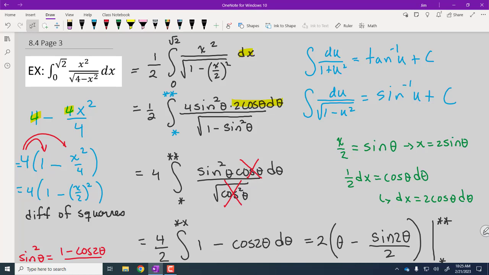Yeah. So we can do any substitution we want if the derivative of the substitution matches something in the integral. So we could even, if we wanted, let u be x over 2. We could let u be 1 minus x over 2 and try to write this as a difference of squares. You could write it as 1 minus x over 2 and 1 plus x over 2 if you wanted.